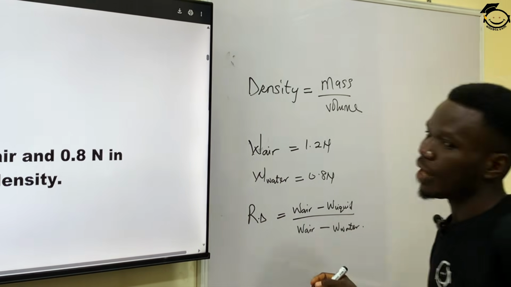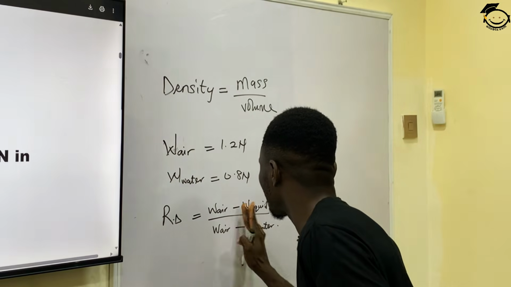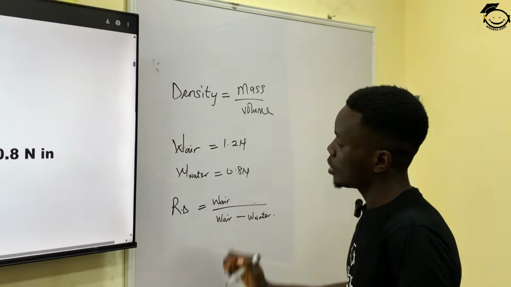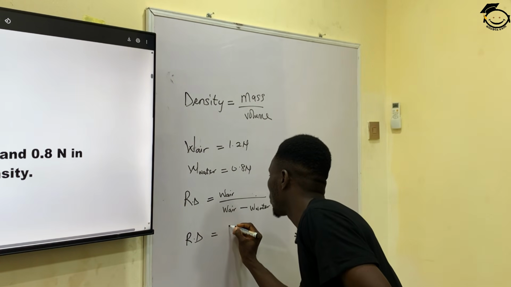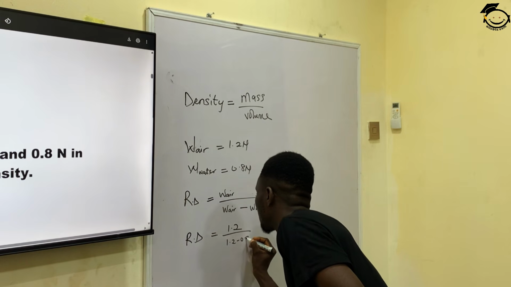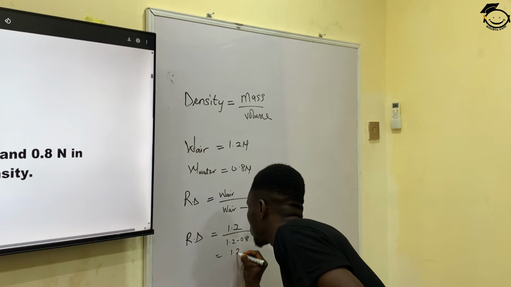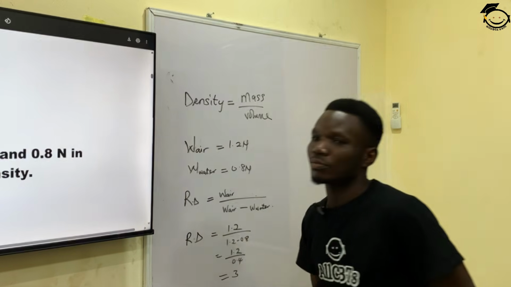But in this case, we don't have any liquid that it is submerged into, so automatically it means we do not have weight in liquid. So with this, we know that our relative density is equal to 1.2 over 1.2 minus 0.8, and that will give me 1.2 over 0.4, and that will give me 3.